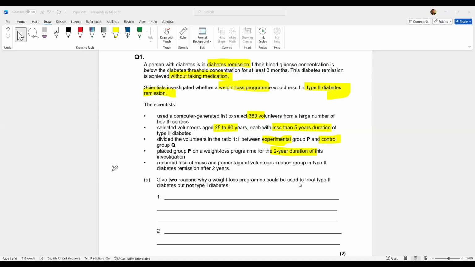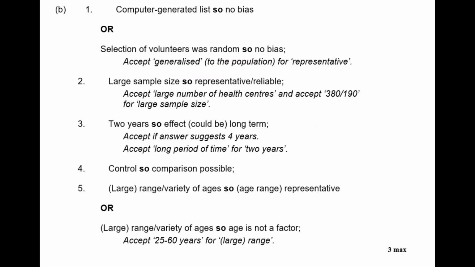So they're using a computer-generated list and it prevents research bias. Sample size is really good, 380 volunteers. That is definitely representative. And they have a control group, so that allows us to make a comparison to see the effect of the independent variable alone.